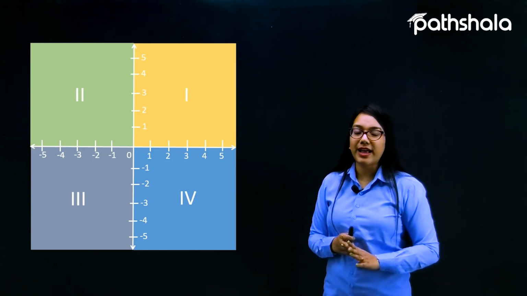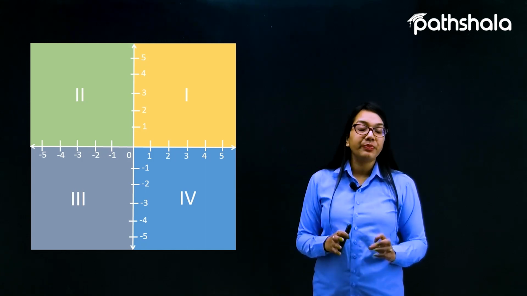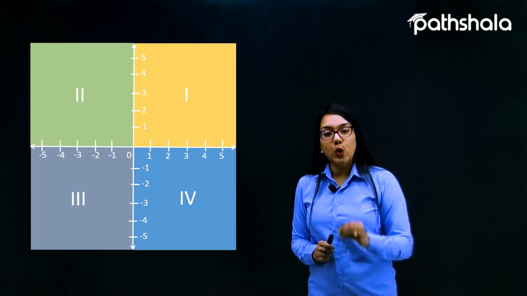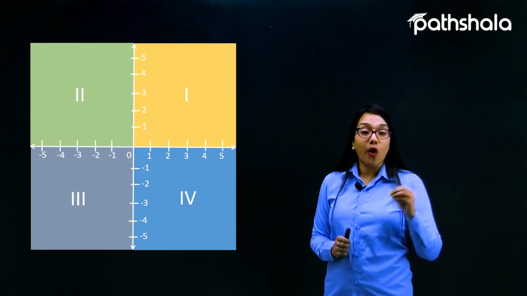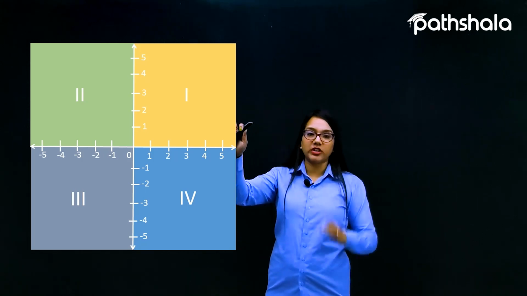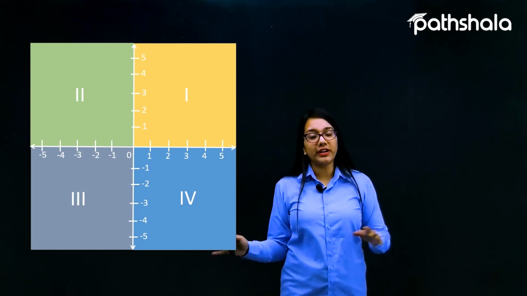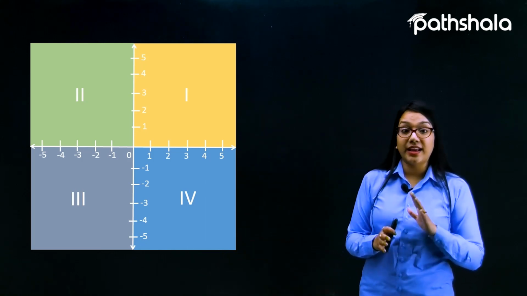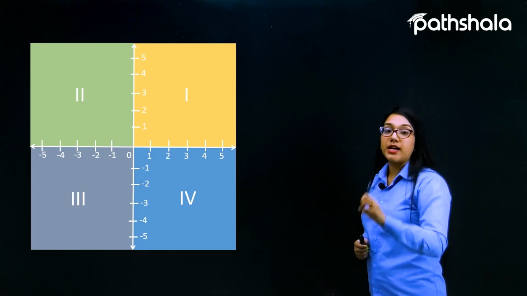So always remember that the two number lines, or the two axes, separate a particular plane into 4 sections, and those sections are called quadrants, and we always have to take the quadrants in an anti-clockwise direction. So this one is always our first quadrant, this one is the second, this one is the third, and this one is the fourth quadrant. We will discuss further about the quadrants, but now we are just taking the introductory part.